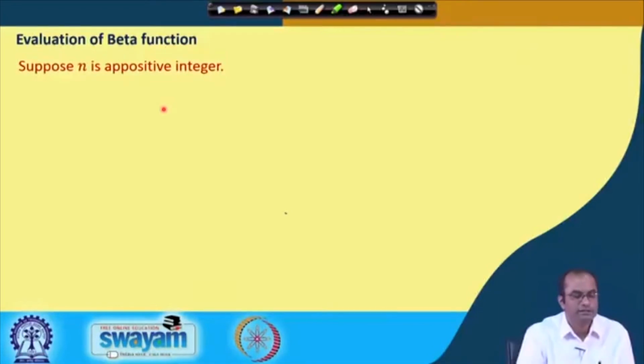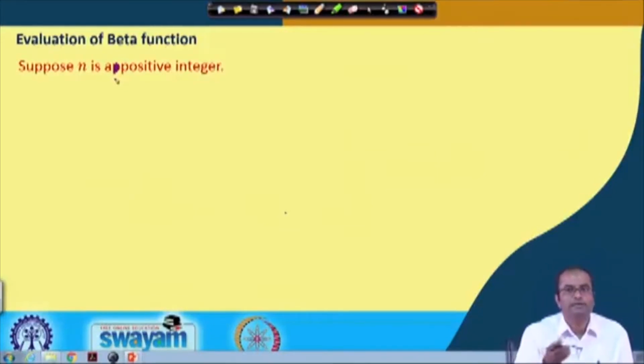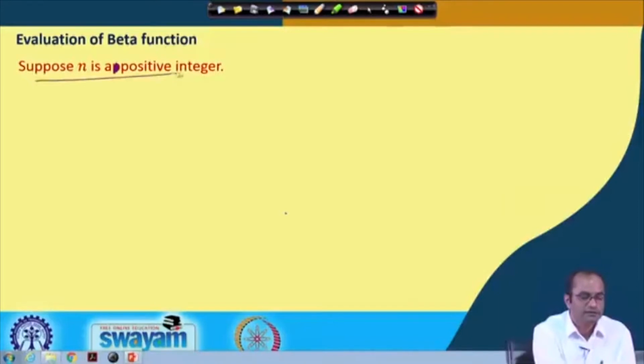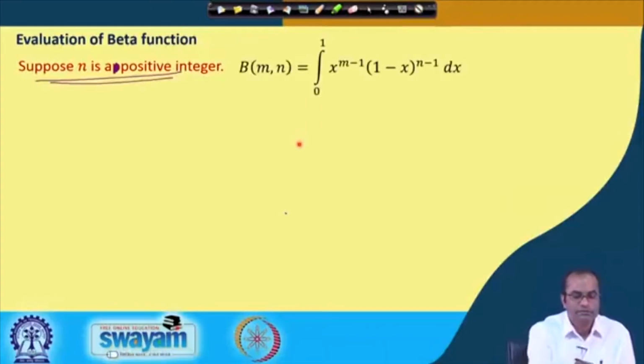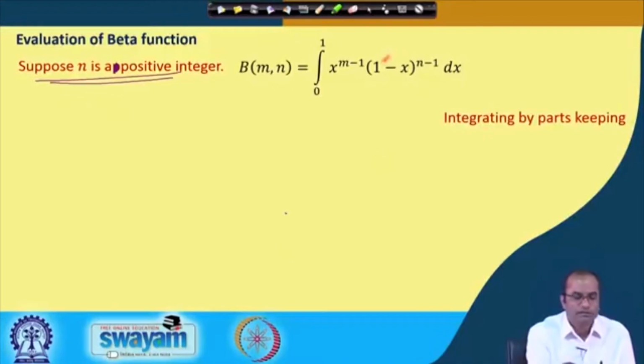In many cases we can compute that integral in a very simple fashion. So, the first case we are considering here is when n is a positive number. In this case we consider B(m,n) as a given integral, and now we integrate this by parts, taking n as a positive integer.